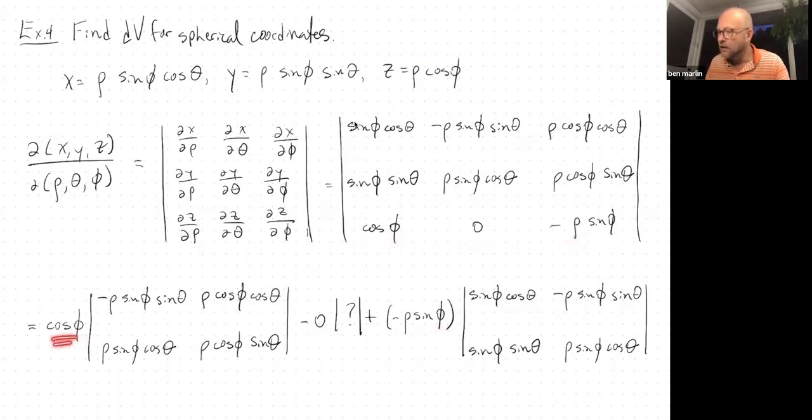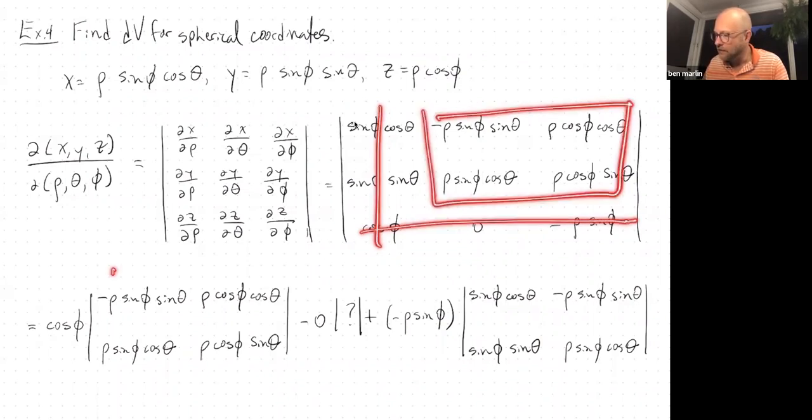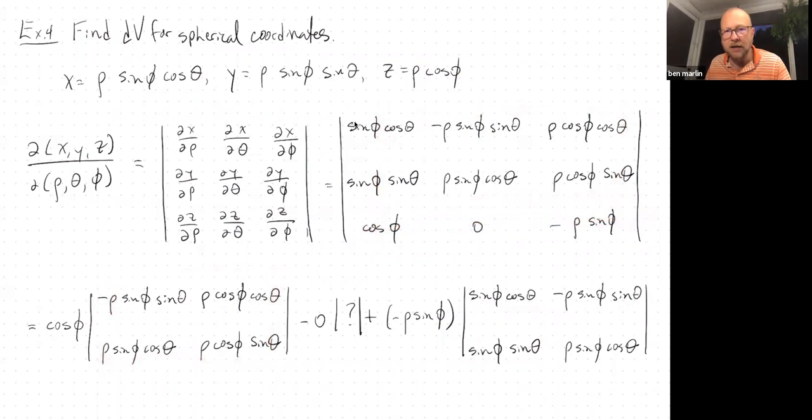So for cosine theta, we are going to have a 2x2 determinant that we have to do. The 2x2 is obtained by eliminating the row and column that the cosine phi was in. So you transfer this piece down here, and now you've got a 2x2 determinant that you already know how to do.